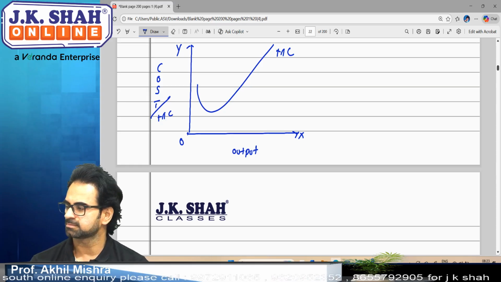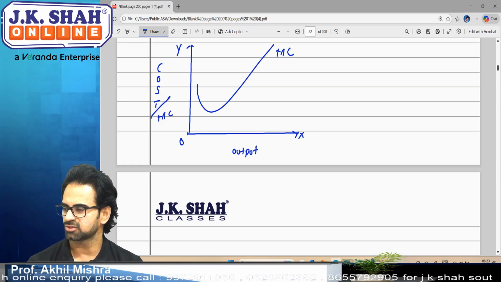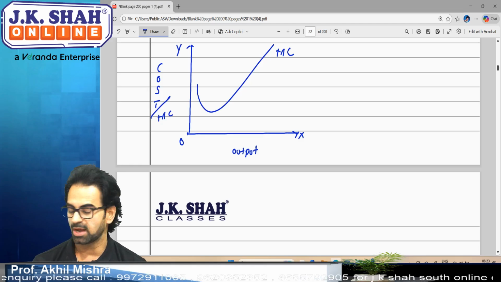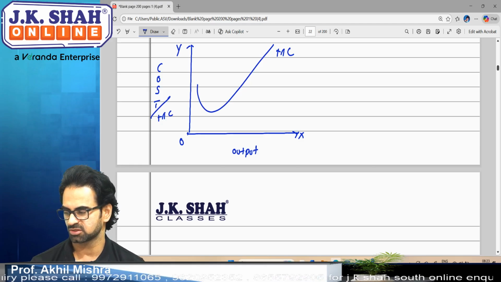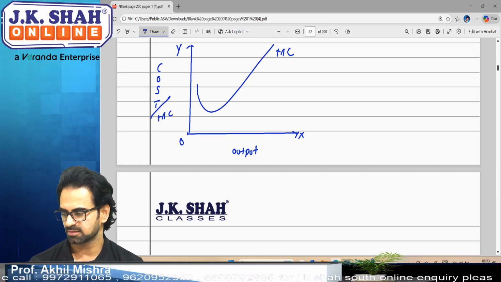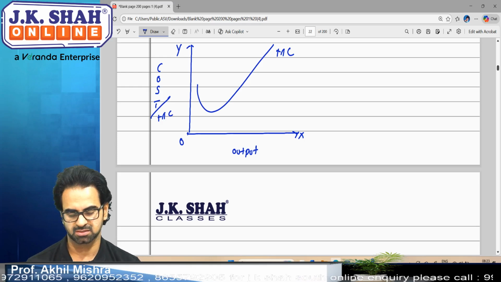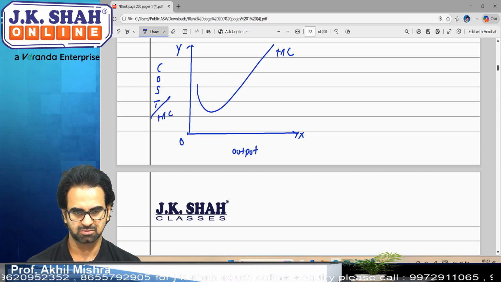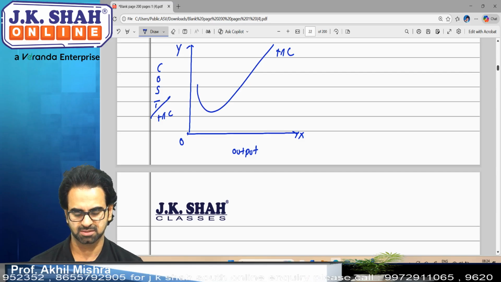You understood? If you want, you can check by yourself. When you put the values on the y-axis for cost, which cost? Marginal: 40, 30, 50, 80, and 110. On the x-axis, output 1, 2, 3, 4, 5, 6. The shape of the curve you'll get is like a Nike tick.